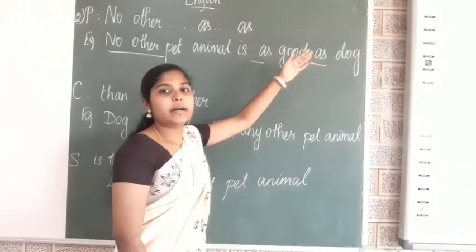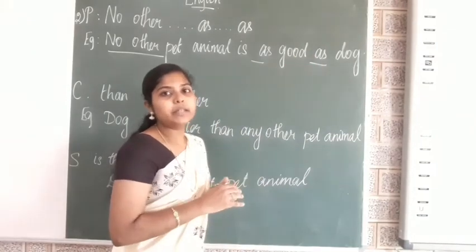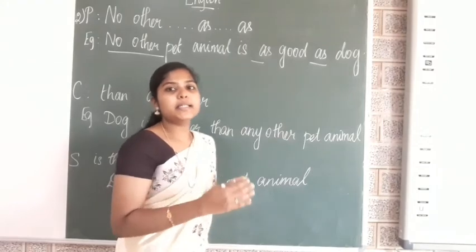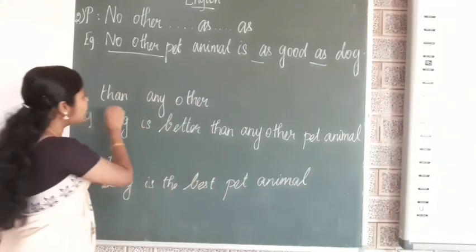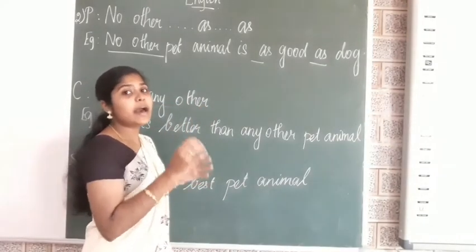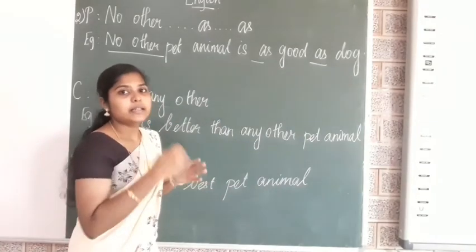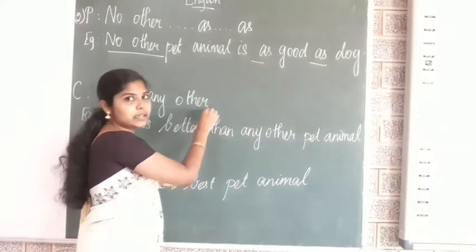Now we are going to change this sentence into comparative degree. While changing this positive into comparative, the rule is than any other. In the first rule we can only add than, but in this second rule we have to add than any other.